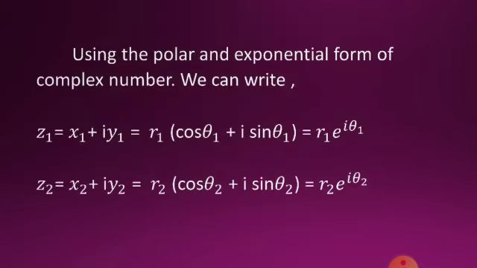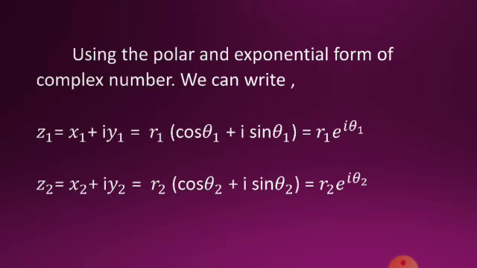Now Z1 is equal to x1 plus iy1. In polar form, it is equal to r1 (cos theta 1 plus i sin theta 1). Now the exponential form of complex number Z1 is equal to r1 e raised to i theta 1.